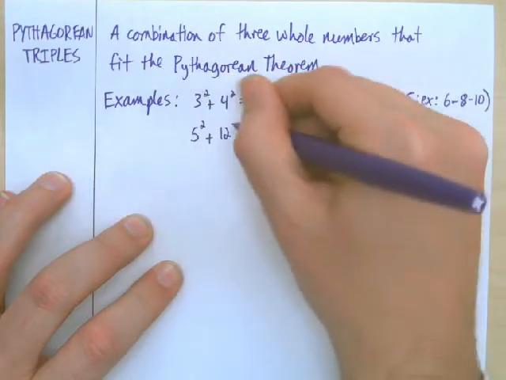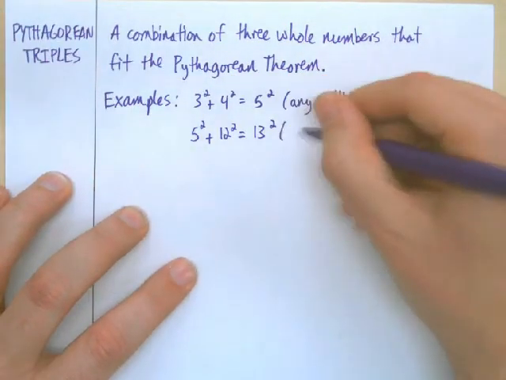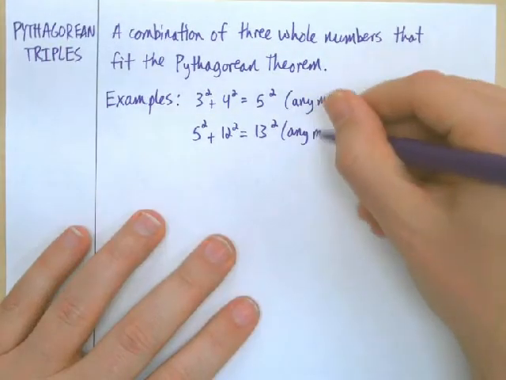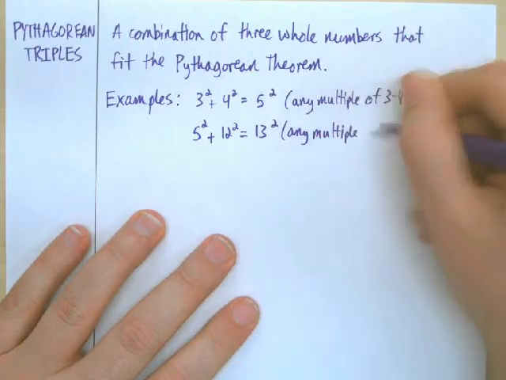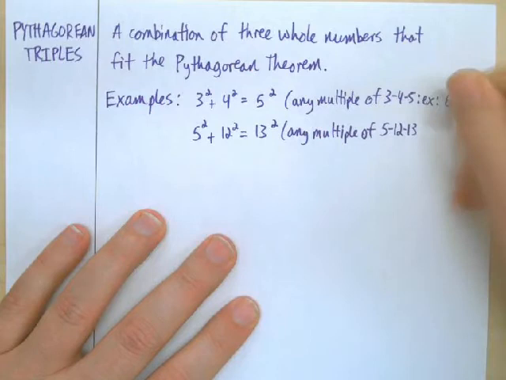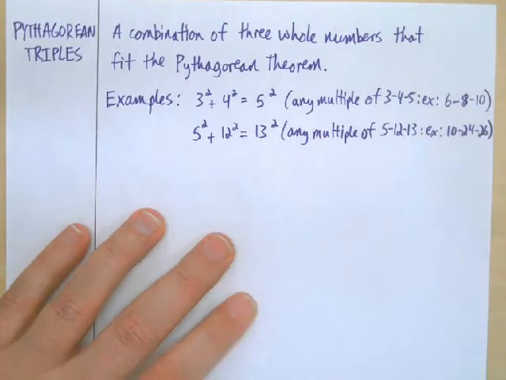Because 5 squared plus 12 squared equals 13 squared. And just like 3, 4, 5, any multiple of 5, 12, 13 also works. Example 10, 24, 26.